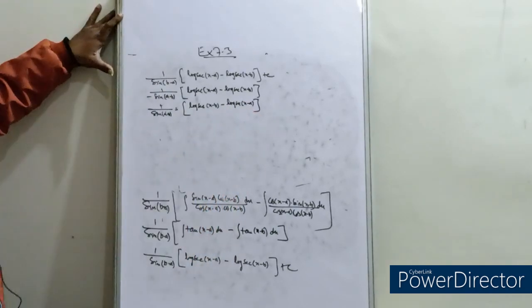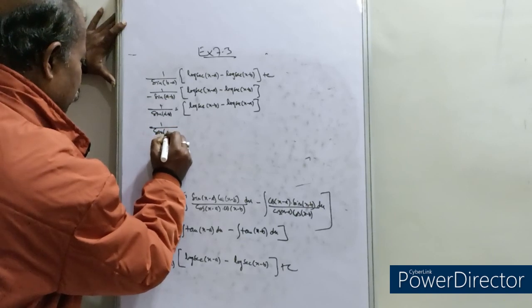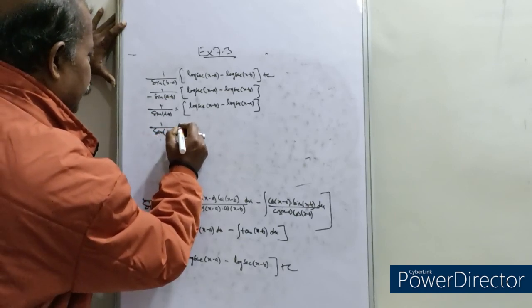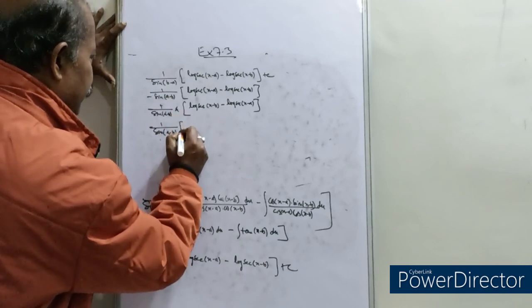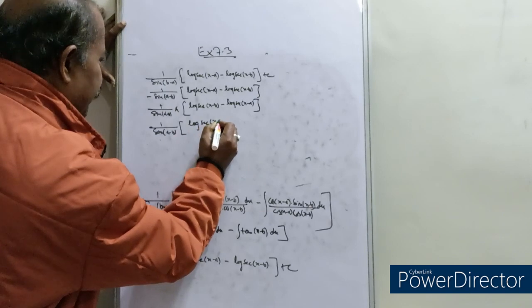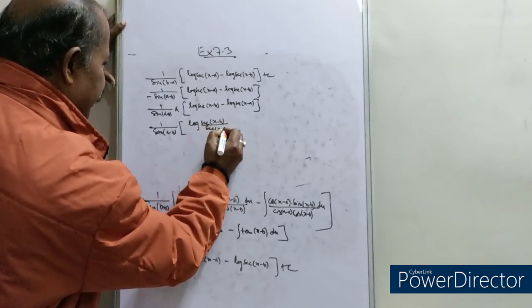Here log of m by n, so this becomes 1 by sine(a minus b) into log of sec(x minus b) by sec(x minus a).